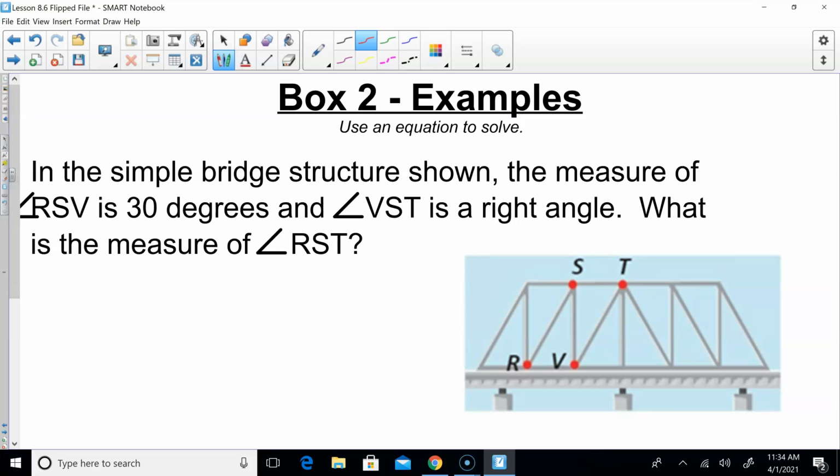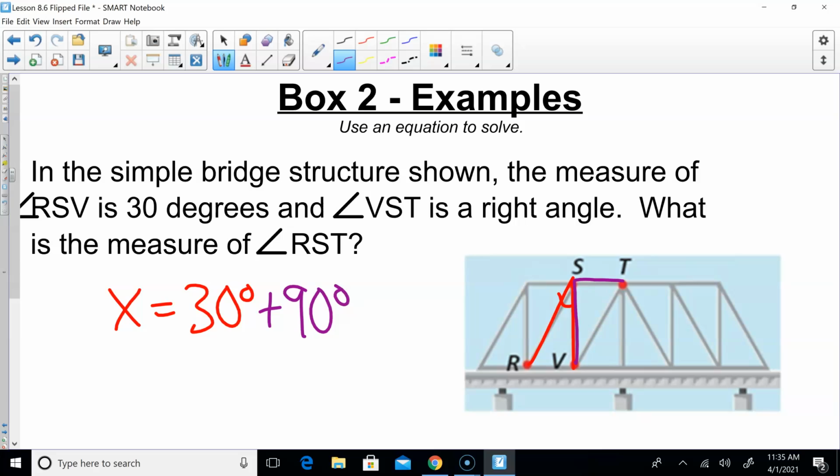So RSV, so R, S, and V right there, this angle is 30. And angle VST, this angle from here to here, is 90. So we'd have x, writing equations, equals 30 degrees from our first angle, plus 90 degrees from our other angle, which would then tell us x equals 120 degrees, which would make sense.